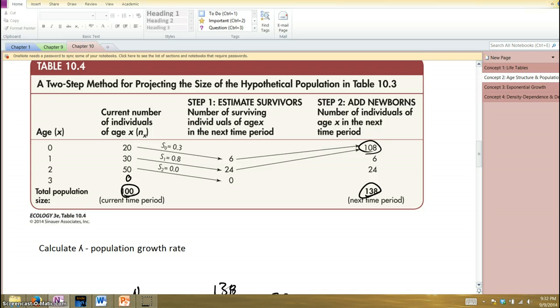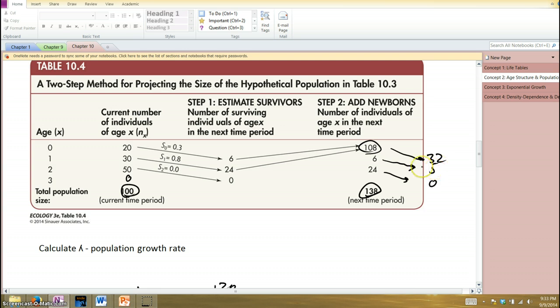Okay, so what did you get? Well, of those 108 individuals, we know 30% of them survive, so there will be approximately 32 that advance to the next stage. Of the 6, 80% of them survive, and so we're going to round to about 5 surviving. Of the 24, 0 survive.